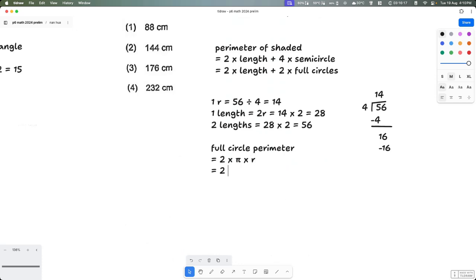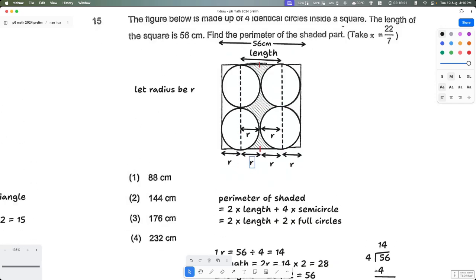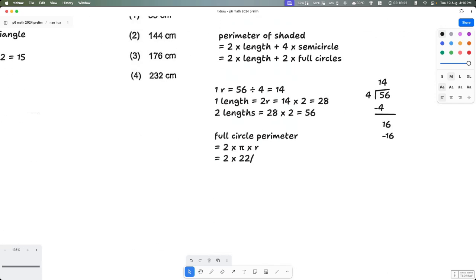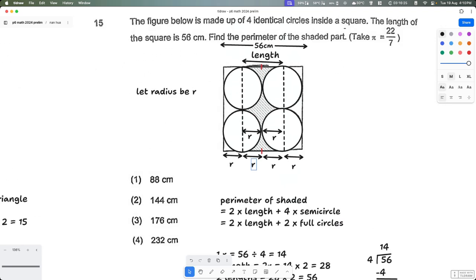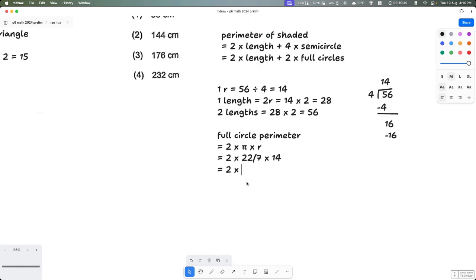So it's 2 times pi, which is 22 over 7, times r, which is 14. So 7 divided by 14 is 2, so it's 2 pi r. Yes, 28, the diameter is 28.